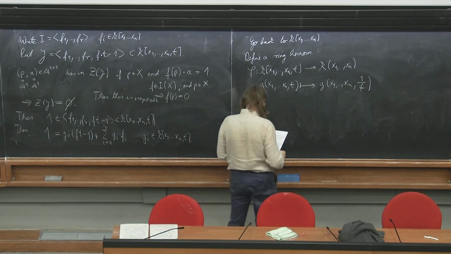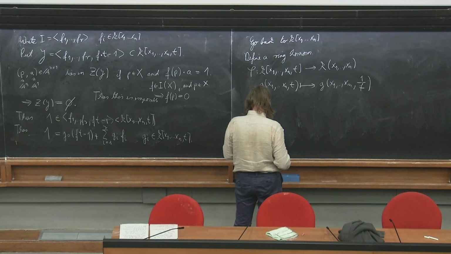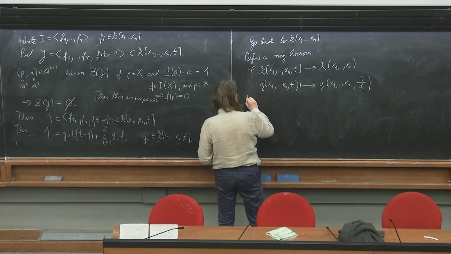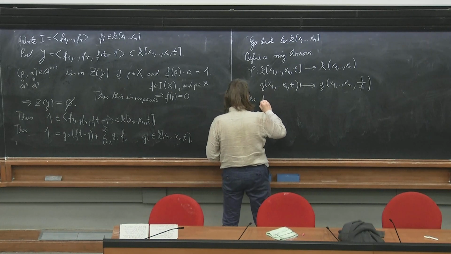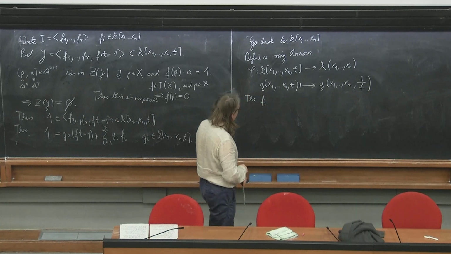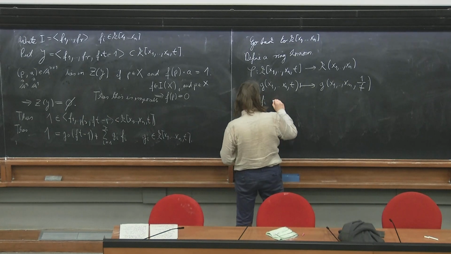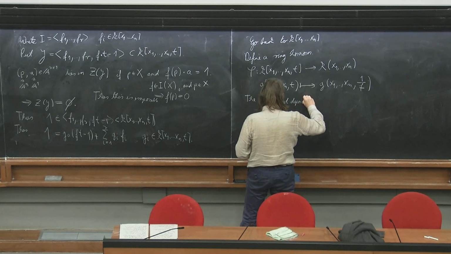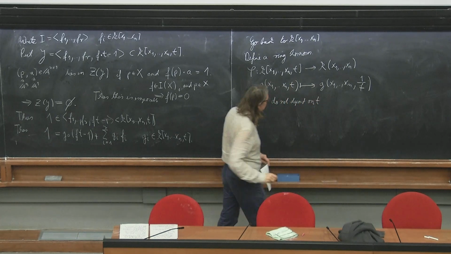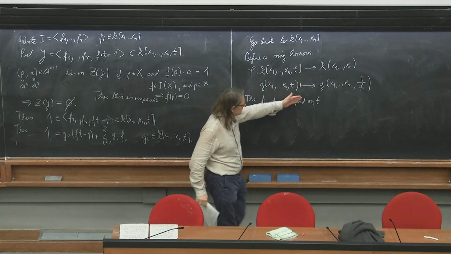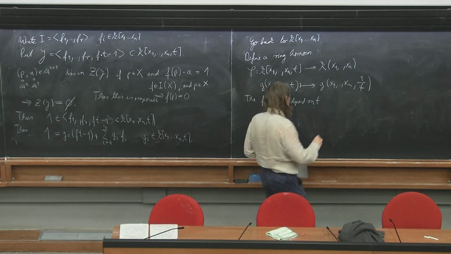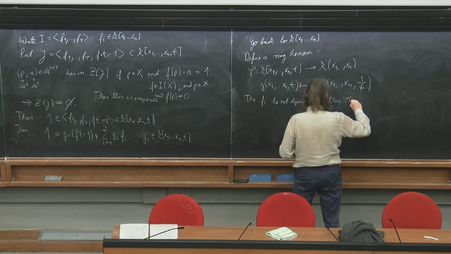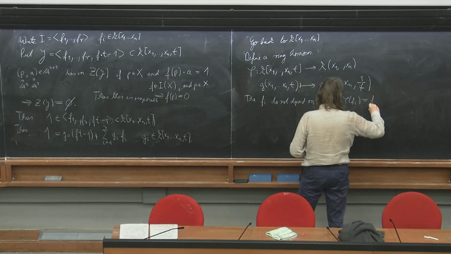But let me see. The Fi do not depend on t, obviously. So if I do this, they are just sent to themselves. Thus, phi of Fi is Fi.